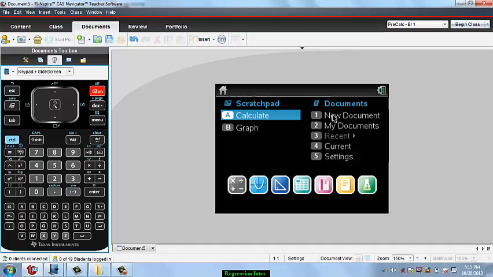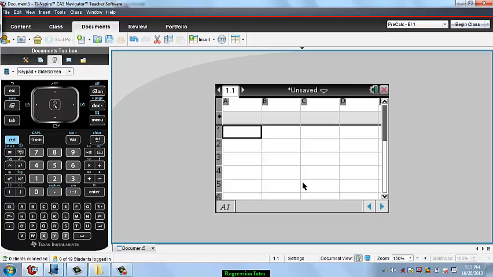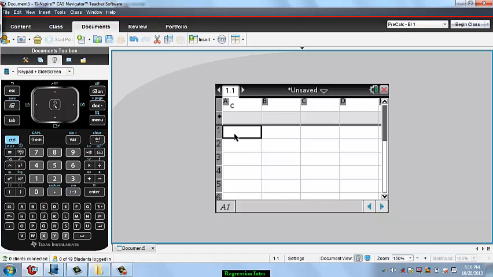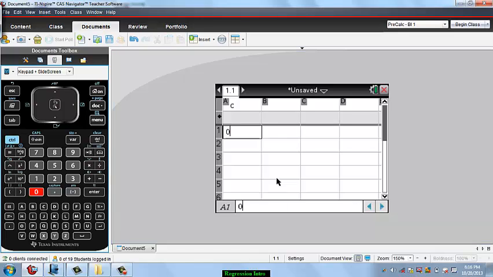So the first thing we're going to do is go to this green icon, and this looks like a little table, and you're going to put in your data. So we're going to call this one, we'll say C. You can call it anything you want to call it. So you always label up here what your columns are. You skip this blue area because this actually you can put formulas in. We don't need to. Then you put the data down here in the white part. So I'm going to put some data here.